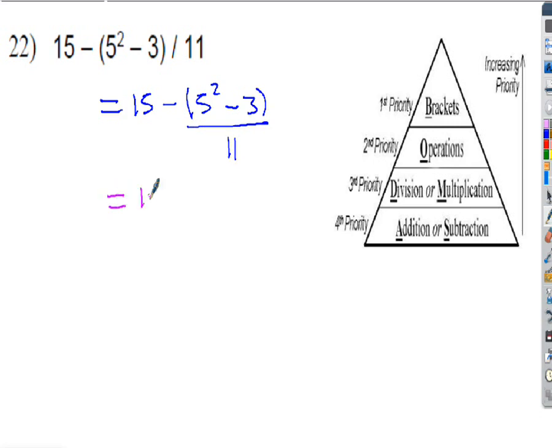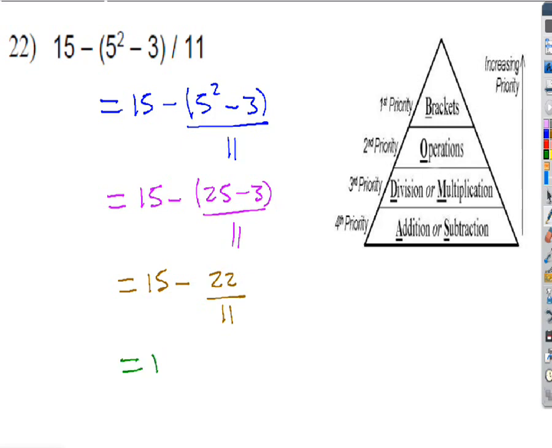Evaluating the bracket, we'll get 25, subtract the 3, divided by 11, so that's equal to 15 subtract 22 divided by 11, which is equal to 15 subtract 2, 22 divided by 11 is 2, so the answer is 13.